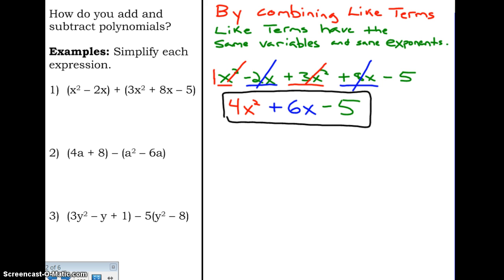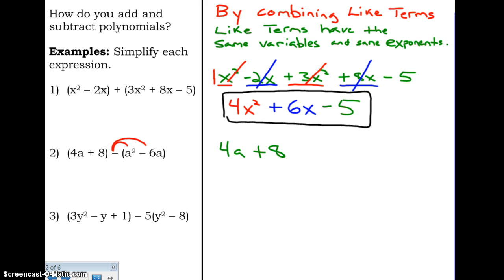So this 4a plus 8 right here, we can write that again without parentheses. So that's going to be 4a plus 8. But this minus sign is going to change this set of parentheses. So it's like distributing a -1.